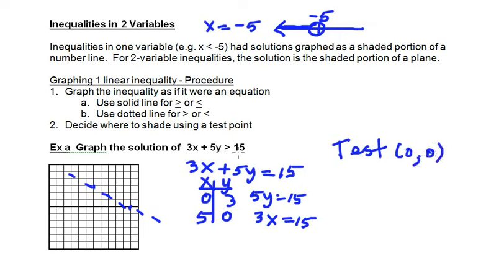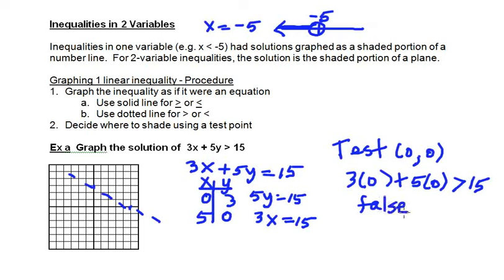So plugging that into the inequality, I have 3 times 0 plus 5 times 0. And I'm going to ask myself, is that truly greater than 15 or not? And the answer is no, that is not a true inequality. And so this is false.